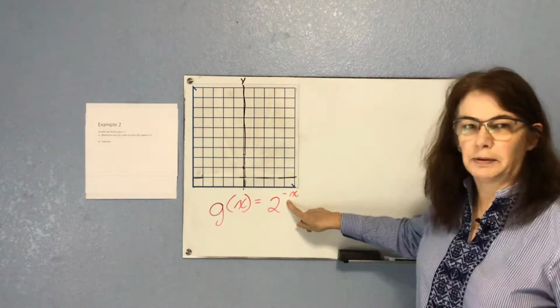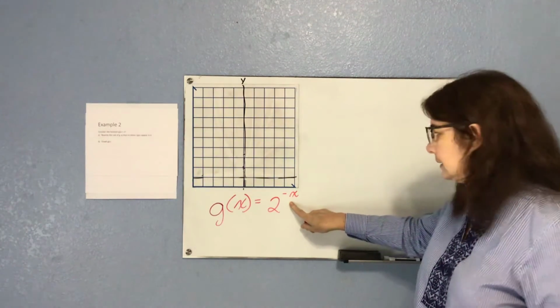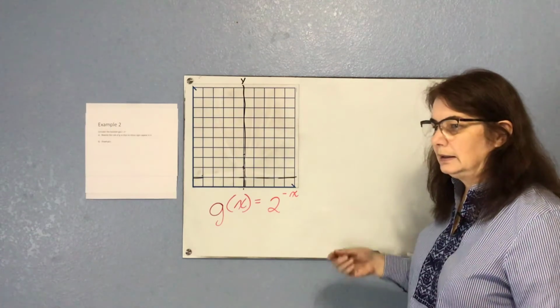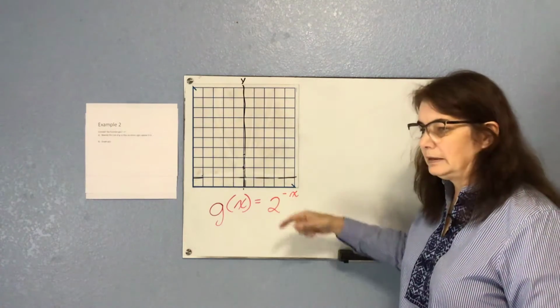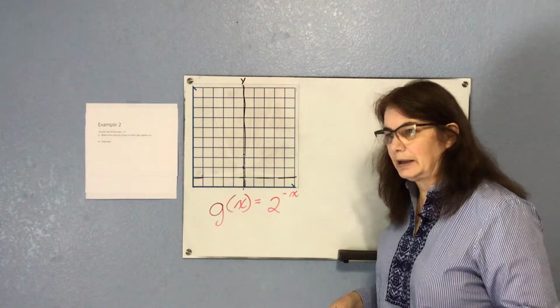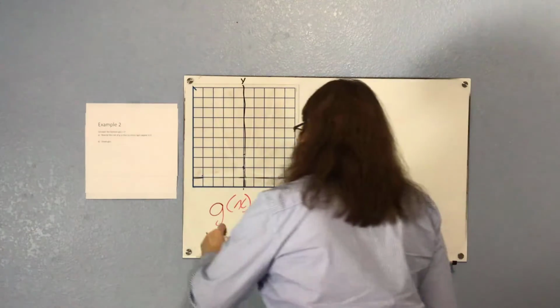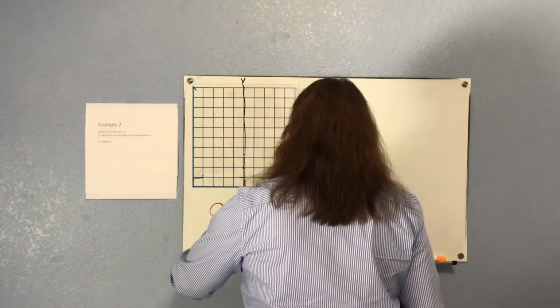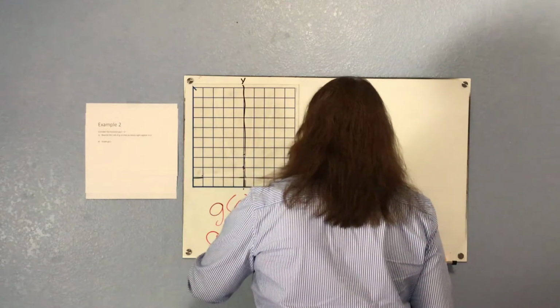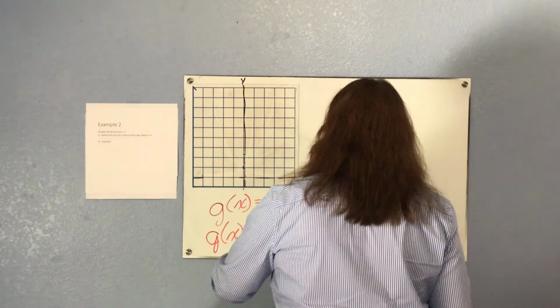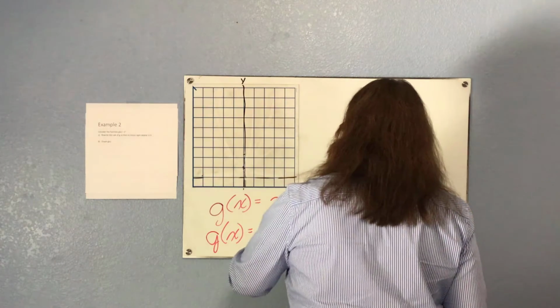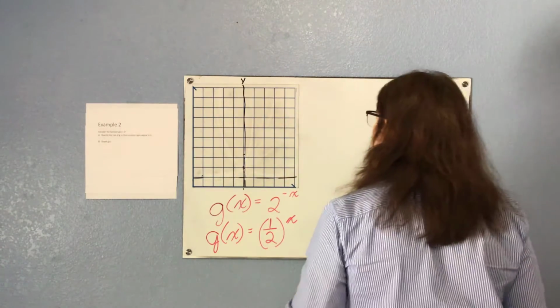The negative exponent tells me that I need to flip the base over and make it a fraction. So if I wanted to rewrite this without the negative, I could write it this way. g of x equals 1/2 to the positive x power.